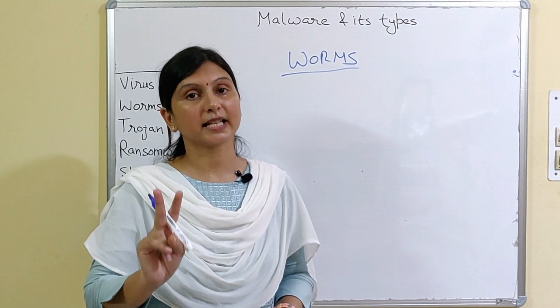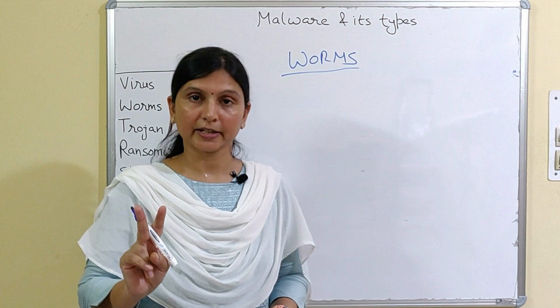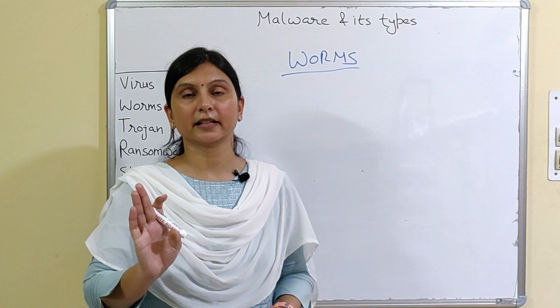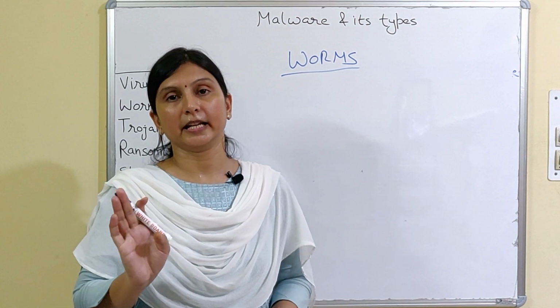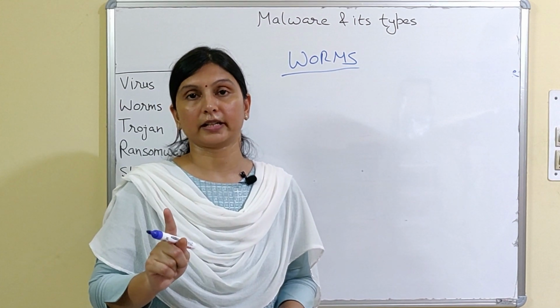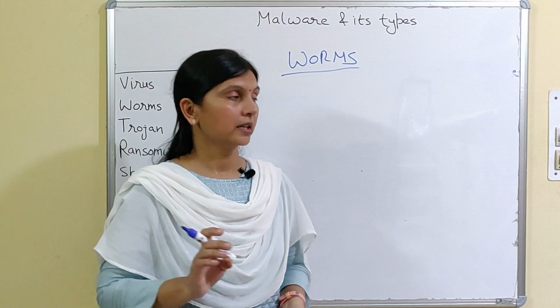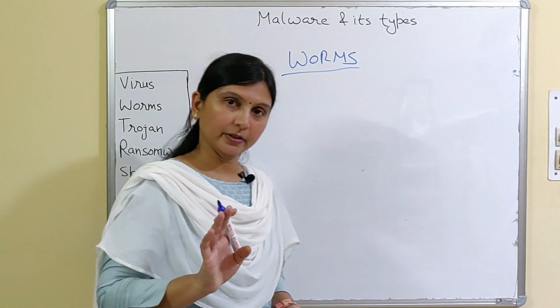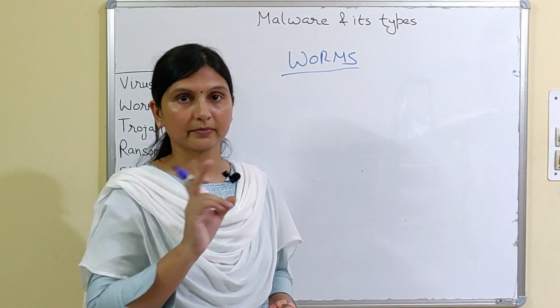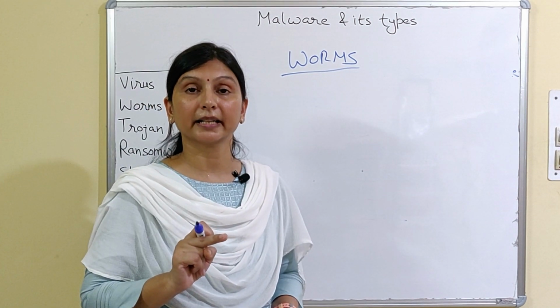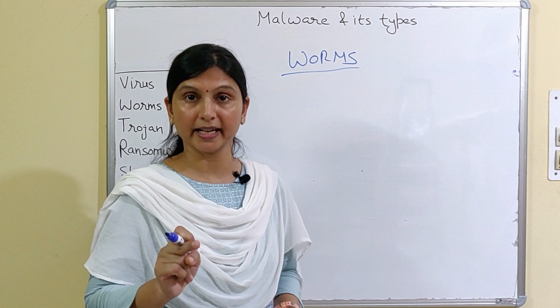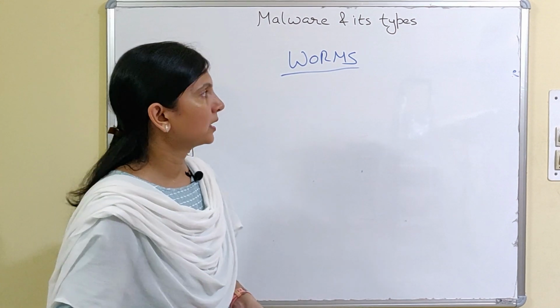But both are self-replicating. Worms also replicate and spread themselves without any help, but a virus needs a host file. Similarity: both are self-replicating. Difference: worms are independent and viruses are dependent. They need a host file or human action to get executed.